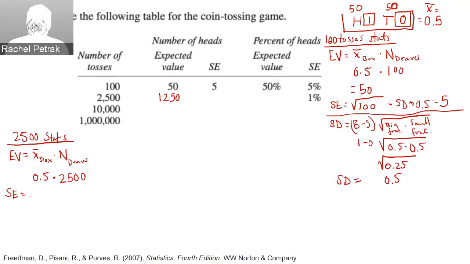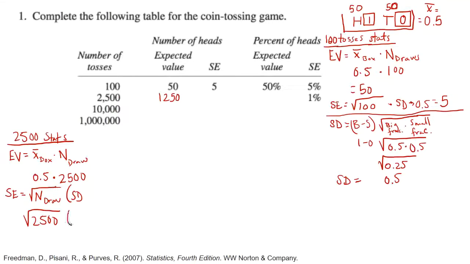So our standard error is the square root of the number of draws times the standard deviation, or the square root of 2,500 times 0.5. This works out to 25 if you do the math.